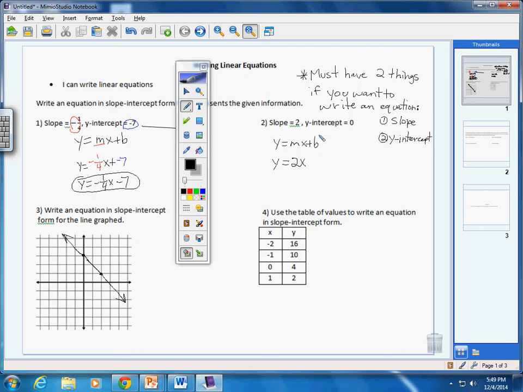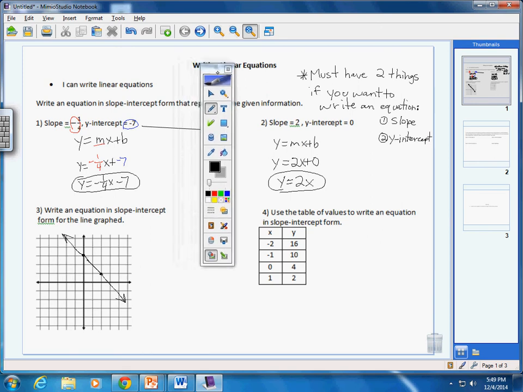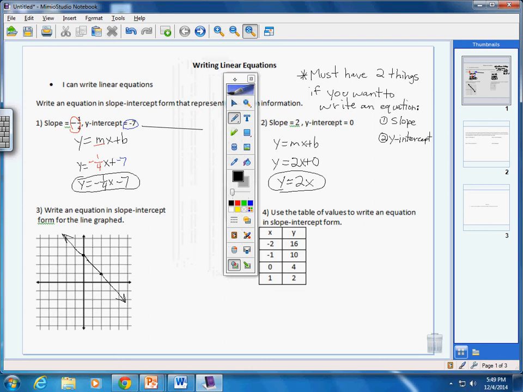What is my y-intercept? It's b. So you can say 2x plus 0. But that's pretty worthless. You don't need this 0 right here. So normally we simplify things and we say y equals 2x would be this equation. Okay? So pretty simple. You're just plugging in your slope and your y-intercept.